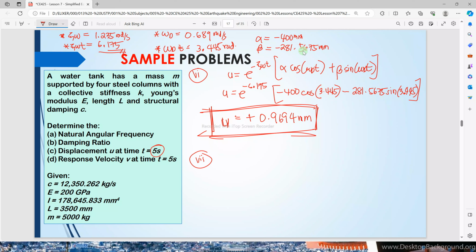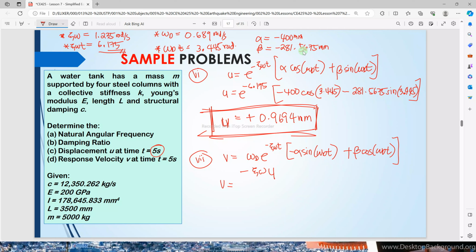Now for our velocity, don't forget the formula for the velocity is equal to omega d e to the negative psi omega t times negative alpha sine omega dt plus beta cosine omega dt, minus psi omega times u.